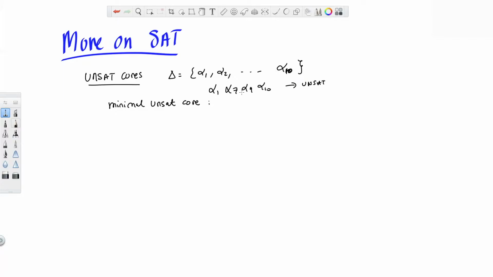Now, we will leave it at that. There are some rough methods for getting an unsat core in your text, but for us, we'll just leave it at that point. If there is a question about this, it would be a very small knowledge base, and you're asked to identify a subset of the clauses that represent an unsat core. So I just want you to hear the concepts unsat core and minimal unsat core.